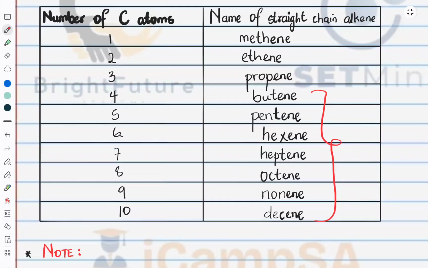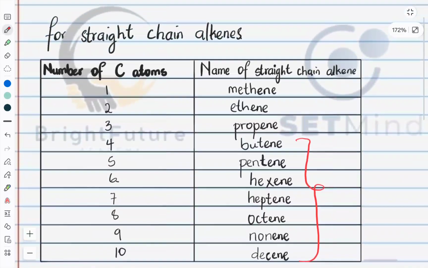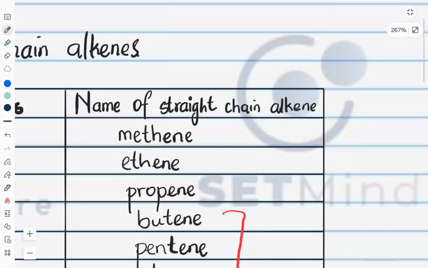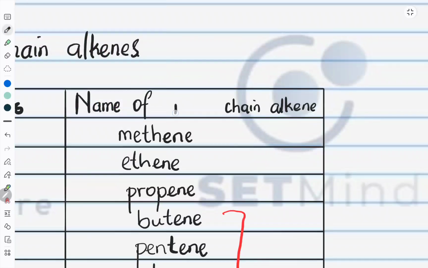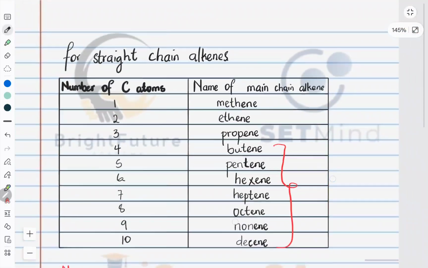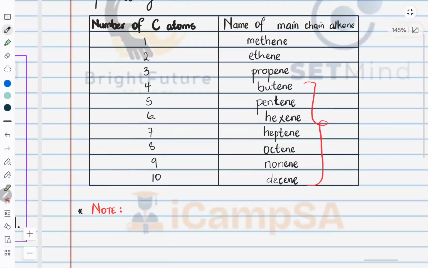You have to account for the location of the double bond along the continuous carbon chain. So we can say perhaps this would be for the main chain. Not necessarily the whole alkene, but the main chain.